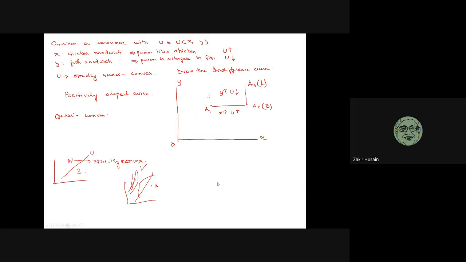Just my mistake. So the worse set is convex. Okay. So convex means it will be a function like this. We call this convex from below.